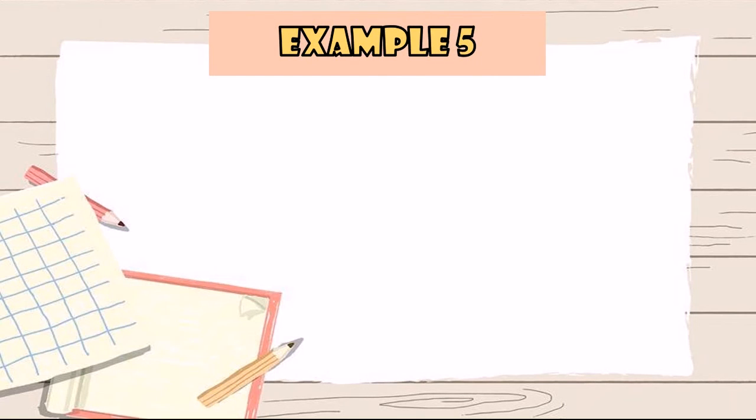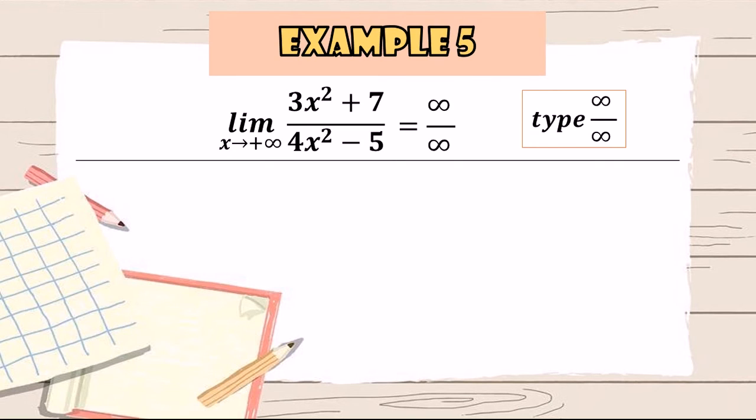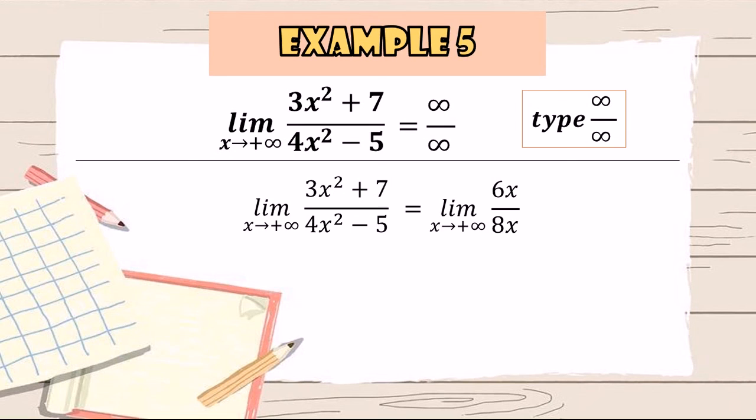For our last example, the limit of 3x squared plus 7 over 4x squared minus 5 as x approaches positive infinity. If we replace x with positive infinity, it will result in infinity over infinity. By using L'Hospital's rule, the derivative of the numerator 3x squared plus 7 is equal to 6x, and the derivative of the denominator 4x squared minus 5 is 8x.